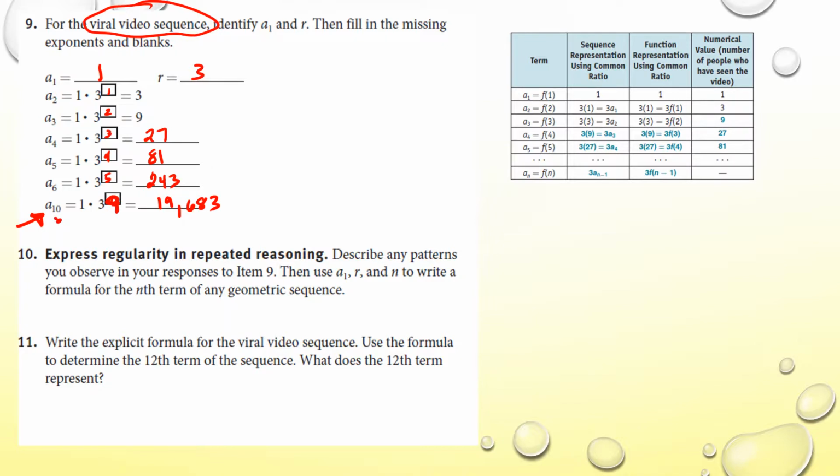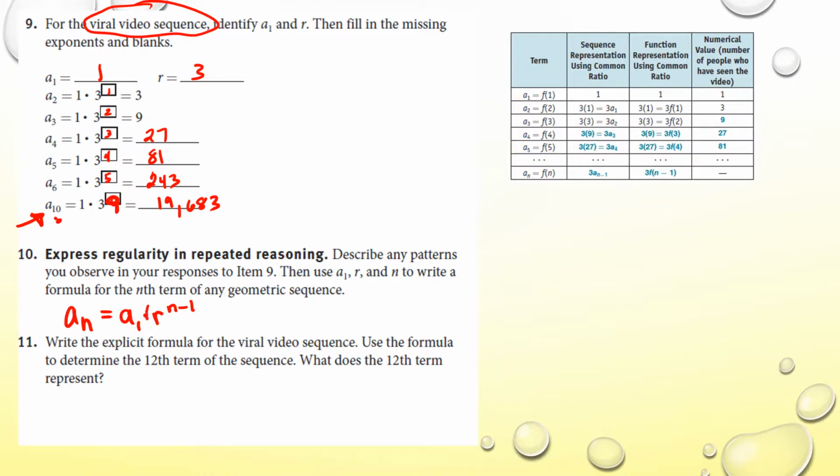Okay, so describe any patterns you observe in your response to number 9. And then use A sub 1, R, and N to write a formula for the nth term. So I think what we noticed is that any term, A sub N, would be the first term, A sub 1, times the ratio to the power of the term right before the one we're looking for.